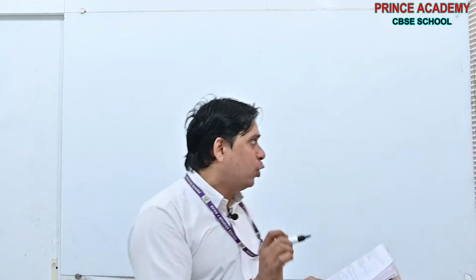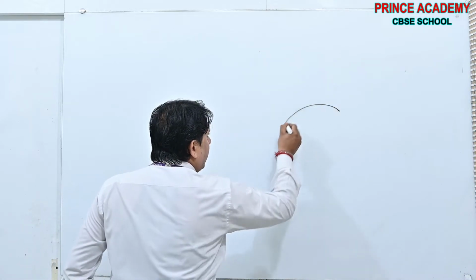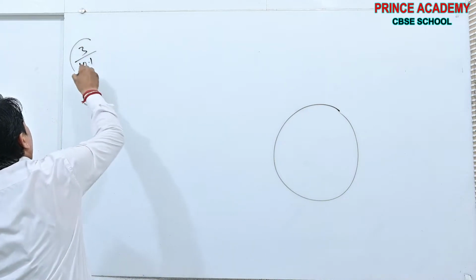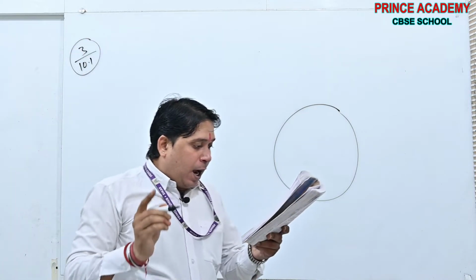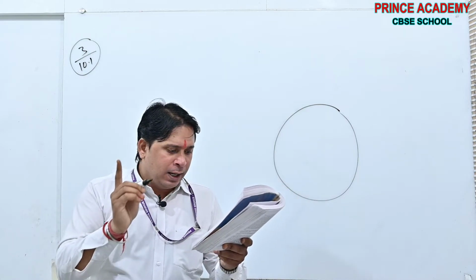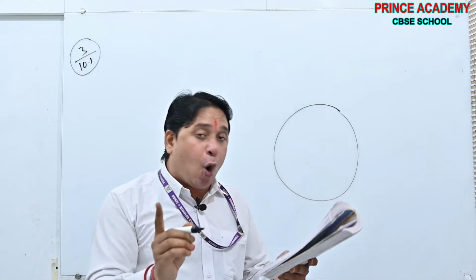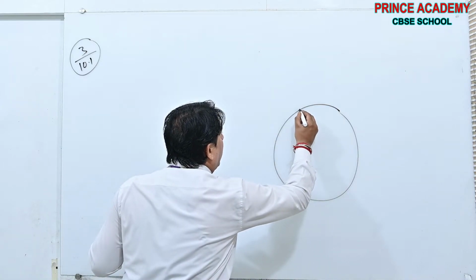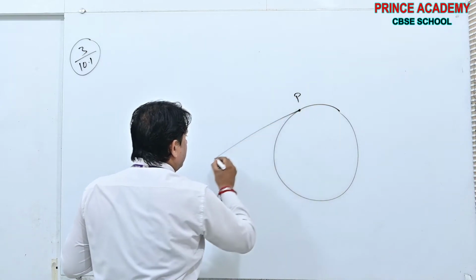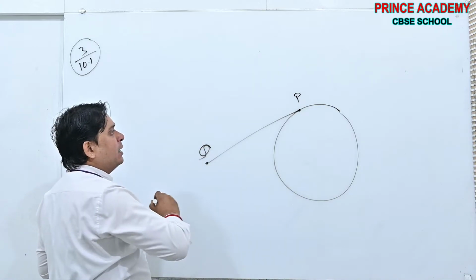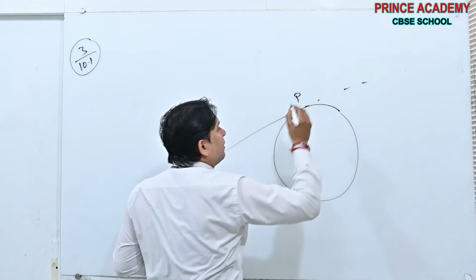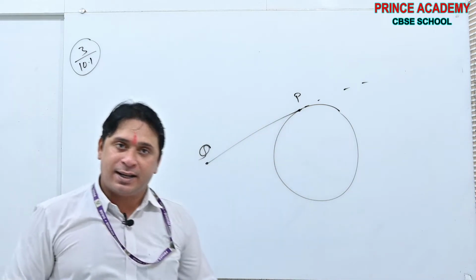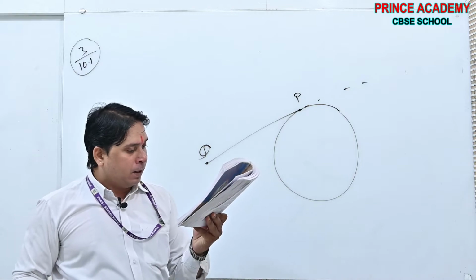Tangent is PQ. What does it mean? The circle is there. PQ is a tangent and P is the point of the circle. Suppose this is the tangent. It is touching at P and P is the point of the circle. PQ is the tangent. Done.